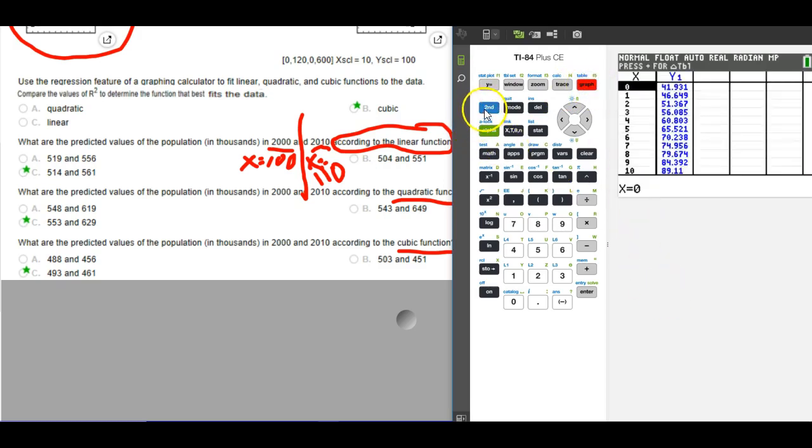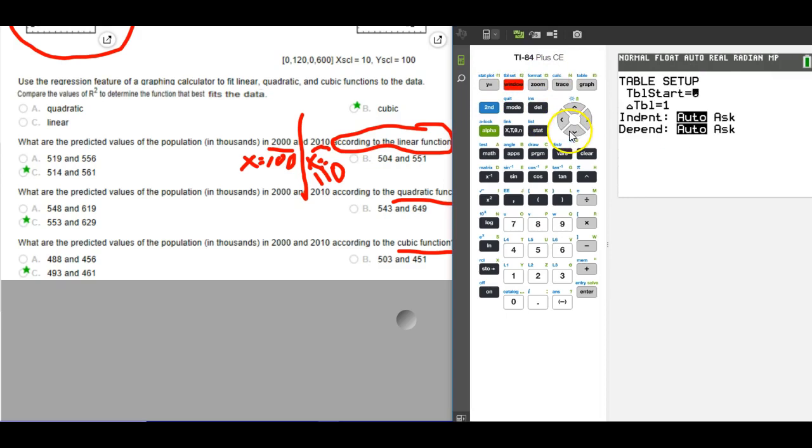So now go second table. Don't clear that out. Oops. Got to reset this. Y'all should already have this on ask. Right there, just the top, not the bottom. If you get an automatic table like mine just popped up there real quick, this was in second and table set, second window to get to this screen to check it. All right, now I'm going back to the table, which is over here.